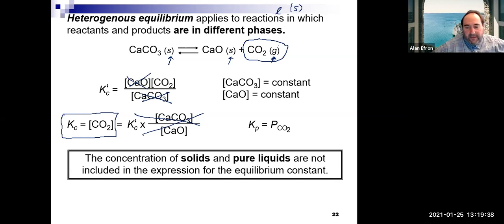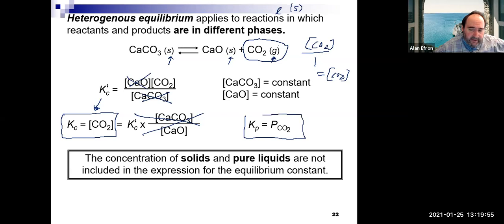Since we don't really have reactants here, it's basically CO2 over 1, which is the same as CO2. So this would be our proper equilibrium expression for concentration. Because CO2 is a gas, you can write a Kp, which will look like this. Kp is equal to the partial pressure of CO2 in this particular case.